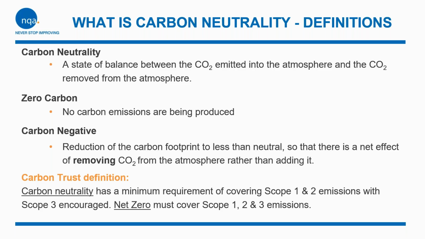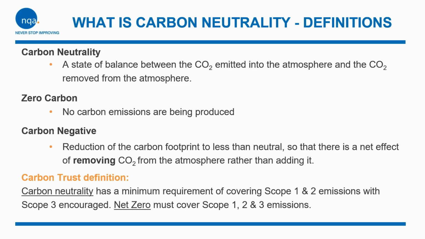However, net zero must cover scope 1, 2 and 3, but we are talking here about carbon neutrality and not net zero. Well, SBTi net zero definition is quite different from the Carbon Trust, because the Carbon Trust have defined carbon neutrality and have not really defined net zero. So yes, that's why there is a difference. And we're talking here about carbon neutrality.